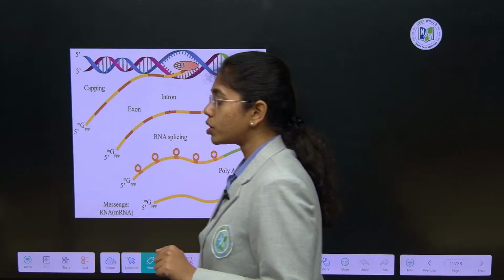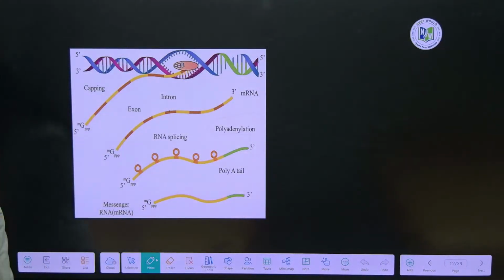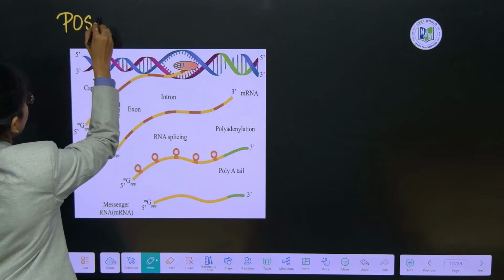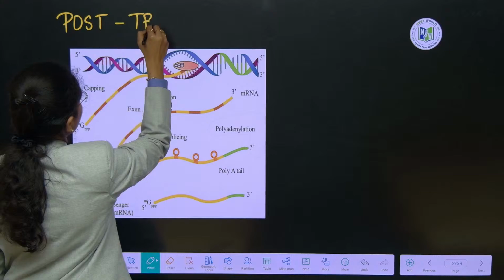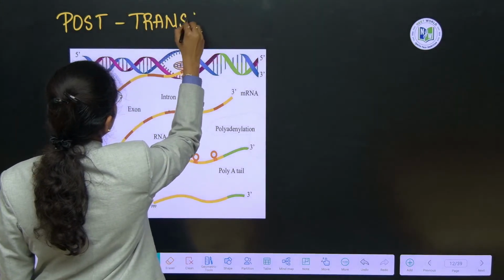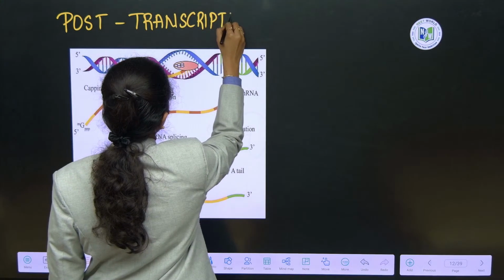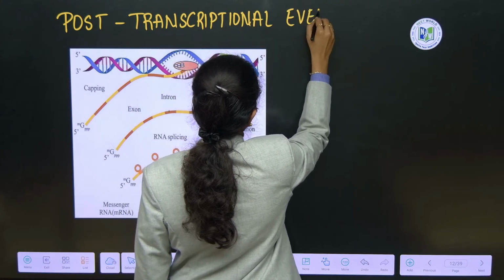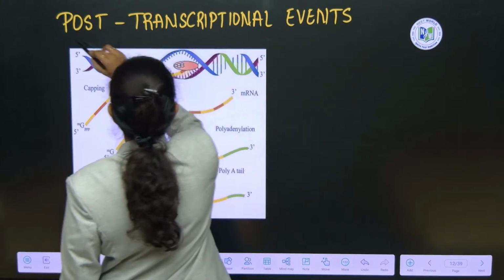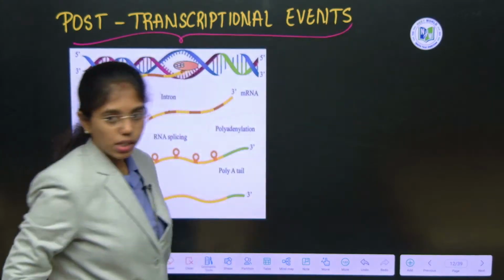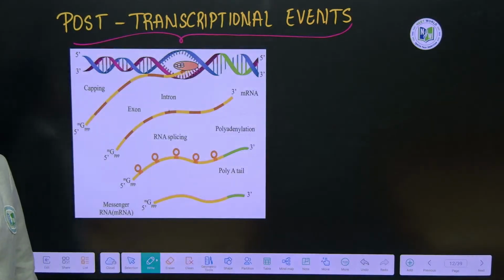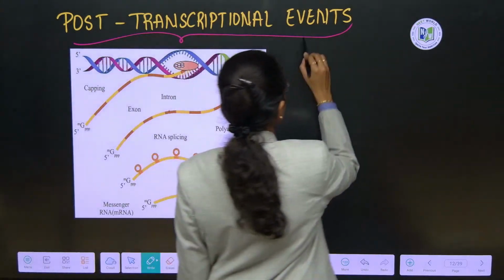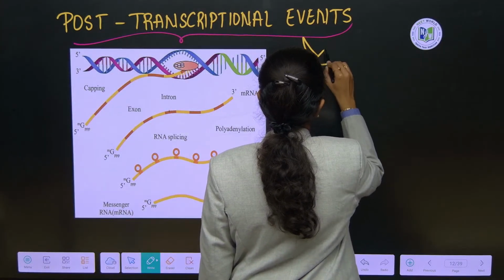Here comes the concept of post-transcriptional events. What are the 3 post-transcriptional events? Where do they happen? Post-transcriptional events occur only in the eukaryotic cell.